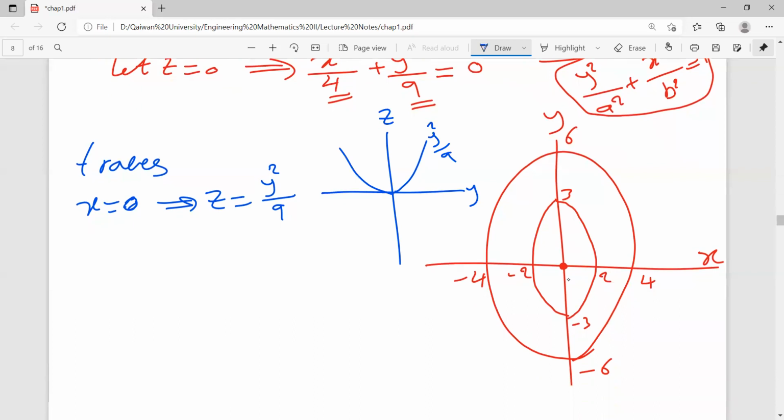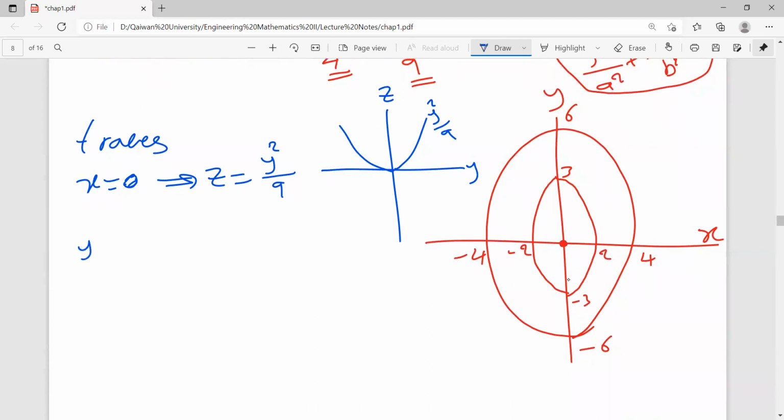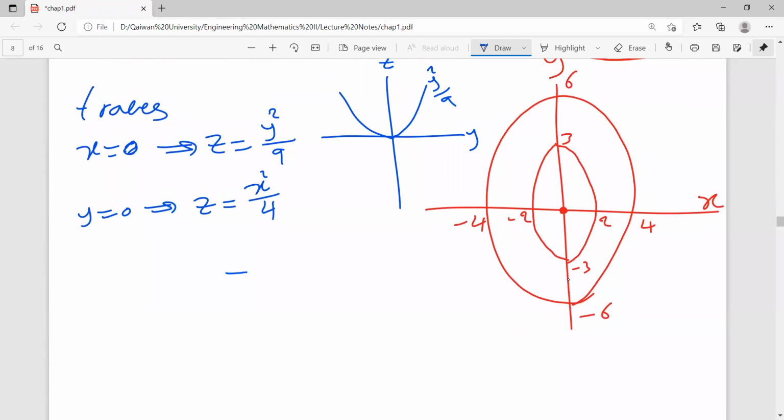And if y is 0, then z equals x squared over 4. Then the graph is also a parabola. It should not be 100% 0, we just let it be 0, not negative 7. Y could be 0.